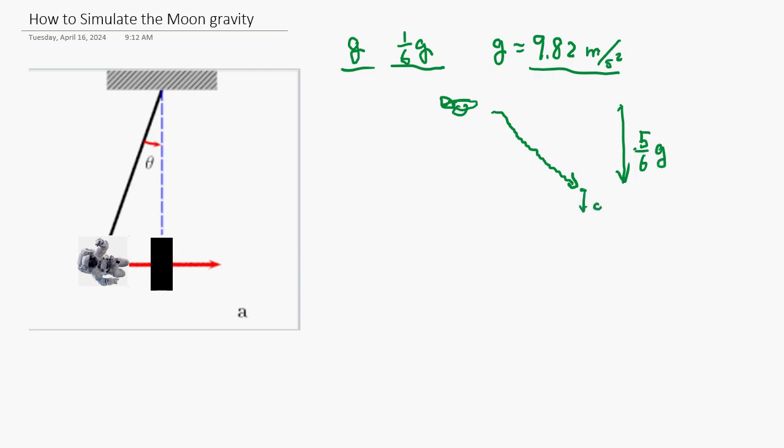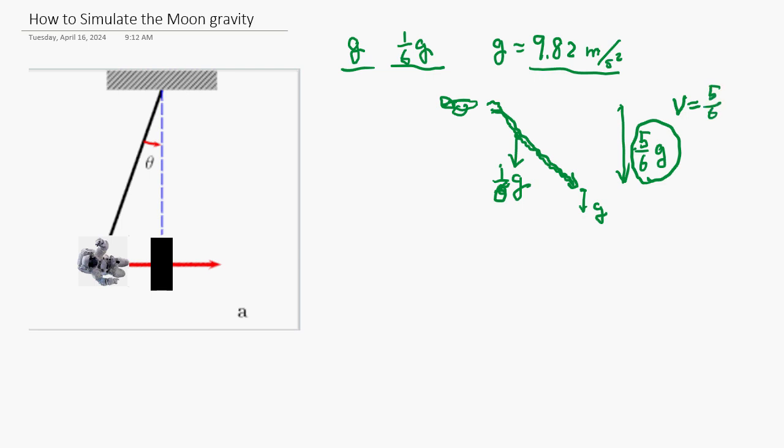This g is 1, so the remaining g you feel in the airplane is 1/6 g. So 1/6 g gravity you can make within the airplane coming down, but this airplane has to have this much g, and that means the velocity is going downward.